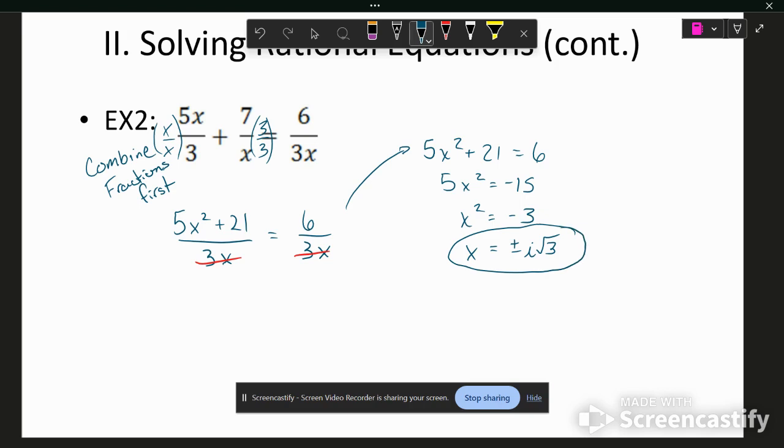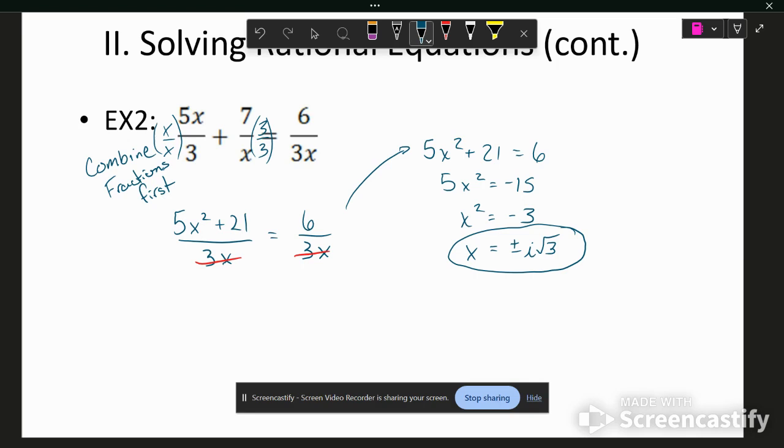Checking back, it does have an i to it, okay? But the denominator itself won't equal 0. We'll probably have to rationalize that at some point, but any questions at all?